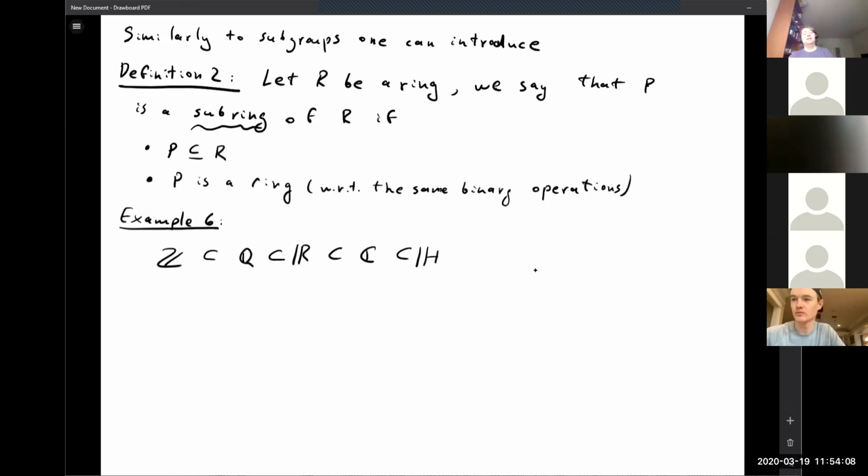So we can think of complex numbers as quaternions with zeros in the last two coefficients. So this is a chain of subrings.